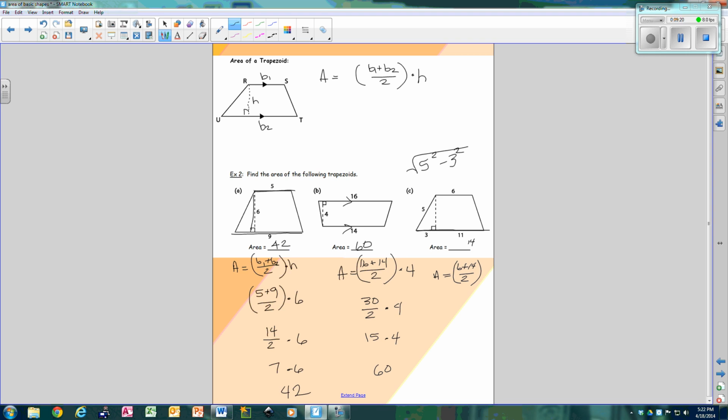So 5 squared minus 3 squared is 4. So I find out that my height is 4. And some of you may remember that Pythagorean triple. So 6 plus 14 is 20. 20 divided by 2 is 10. And then we multiply by the height, which is 4. So the area of the trapezoid is 40.